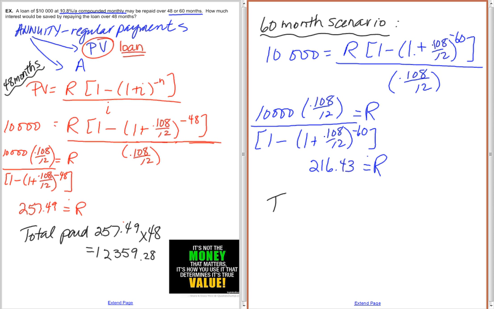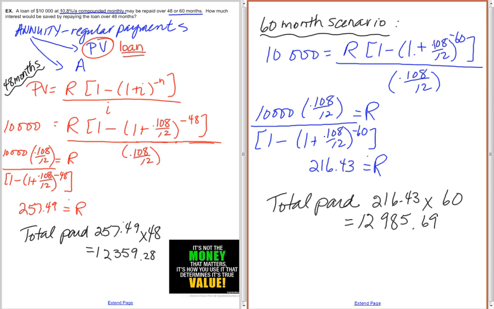So the total paid is $216.43 times the 60 payments, which gives us $12,985.69. How much interest will we save?